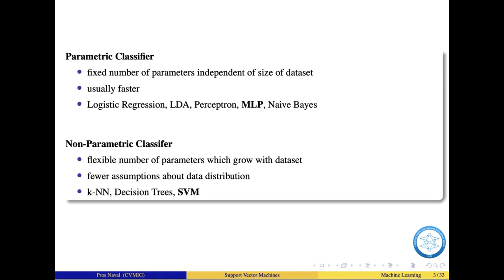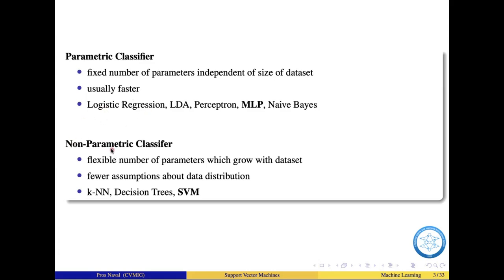So you have the following as examples of your parametric classifier: logistic regression, linear discriminant analysis, the perceptron, and your MLP, as well as naive Bayes classifier, plus many others. The parametric classifier is usually characterized by being fast compared to their non-parametric counterparts.